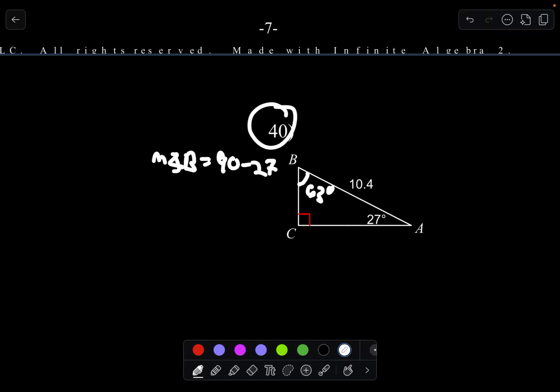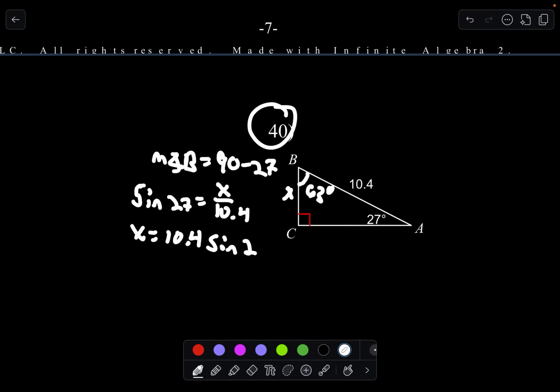Now that I got that, I can figure out the sides. I can use sine of 27 equals, I'll label this x, x over 10.4, or x equals 10.4 times sine of 27.